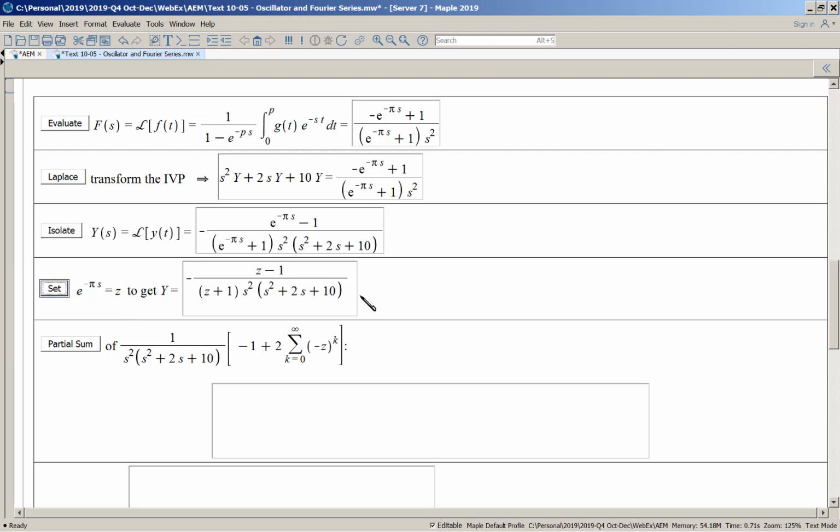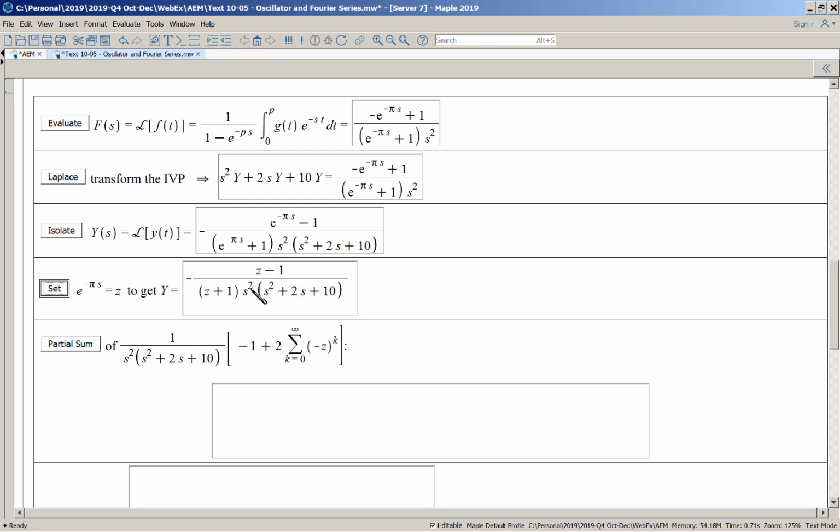So make that substitution, do an expansion, and we're going to get a partial sum of that resulting series. So the resulting series really is the series z minus 1 over z plus 1. This is that Taylor expansion.